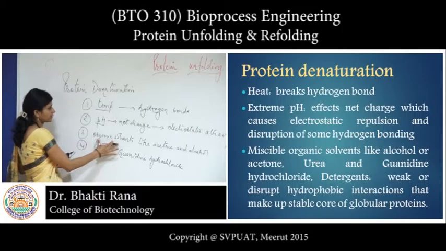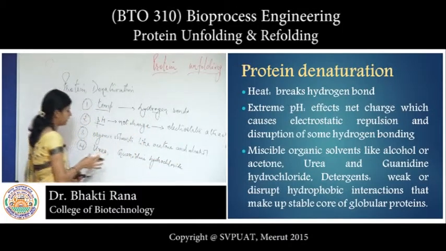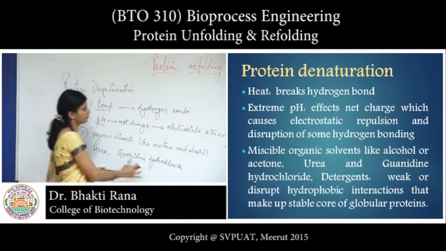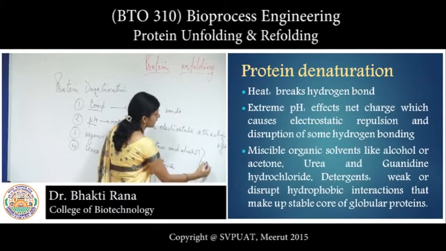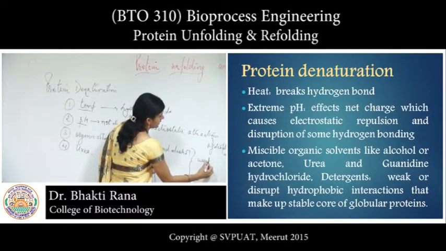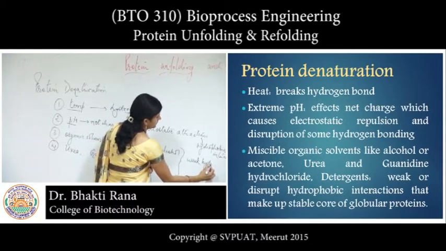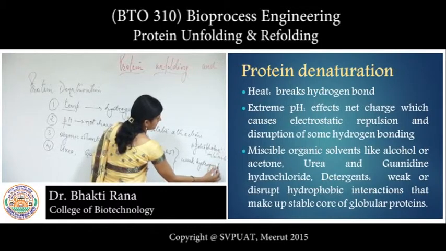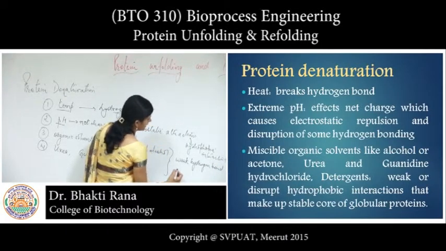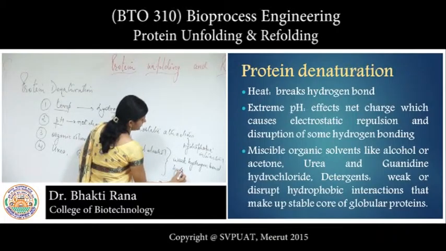Organic solvents like acetone and alcohol, and urea and guanidine hydrochloride, all are going to weaken hydrogen bonds and hydrophobic interactions.